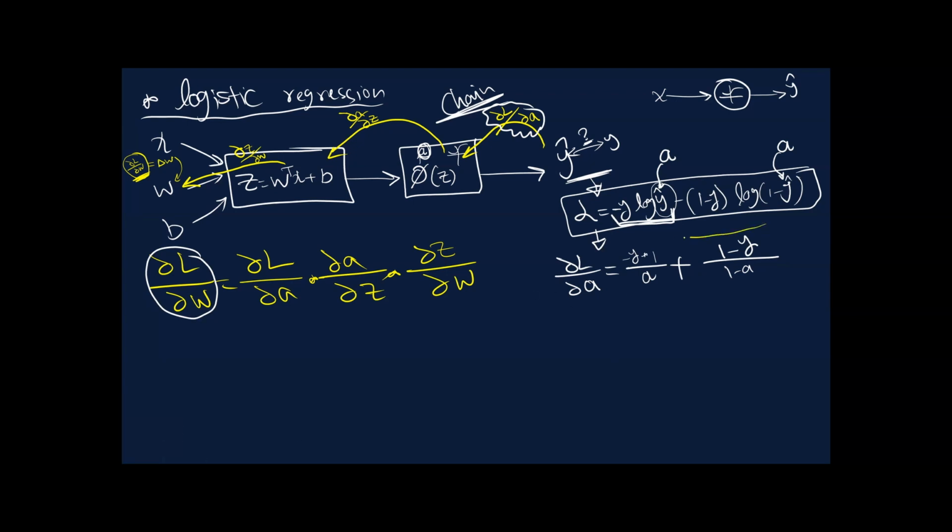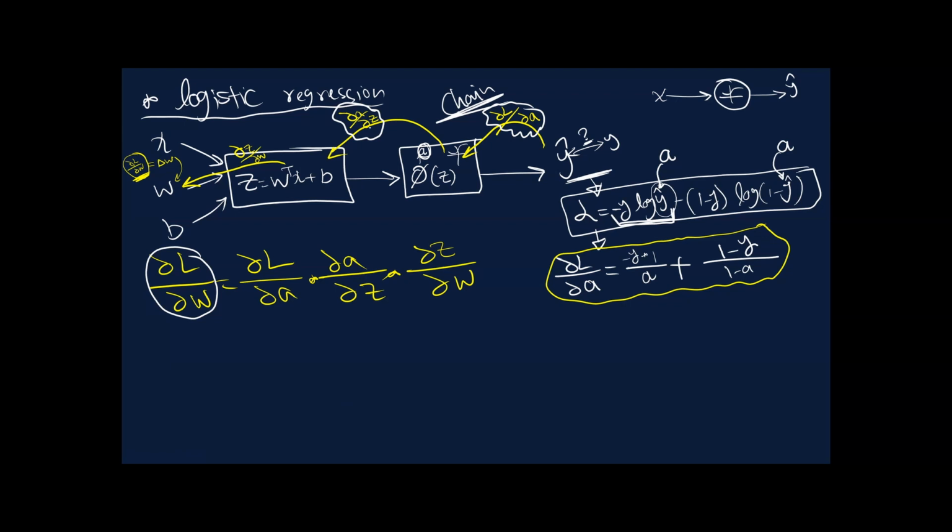Okay, good. So this is our first derivative, which is important, and that's why I'm keeping it like that. Then let's look at the second derivative, which is the derivative of the activation function with respect to z. That's a little bit tricky.